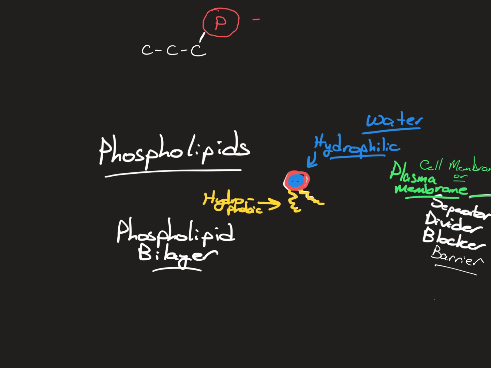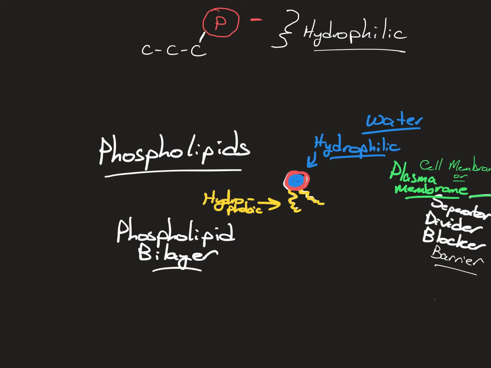That phosphate is negative. It's charged, which means, I want to remind you again, that charged species is also known as hydrophilic. And hydrophilic means it loves water, mixes with water easily.